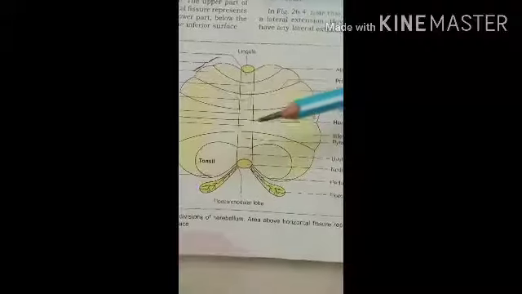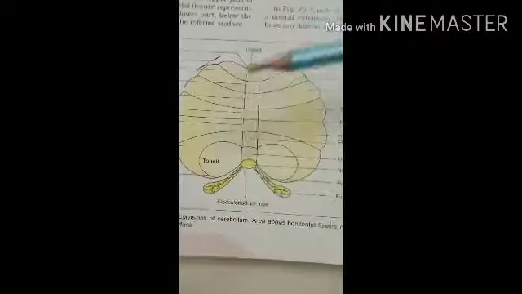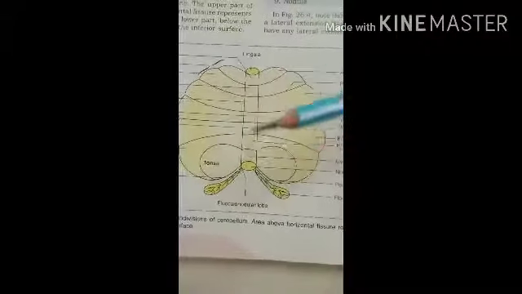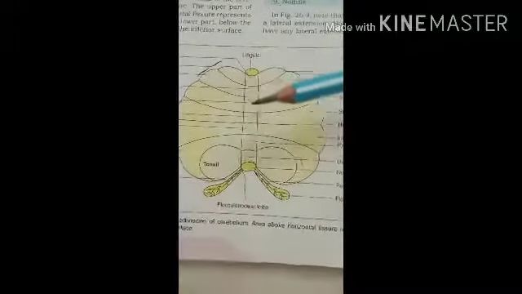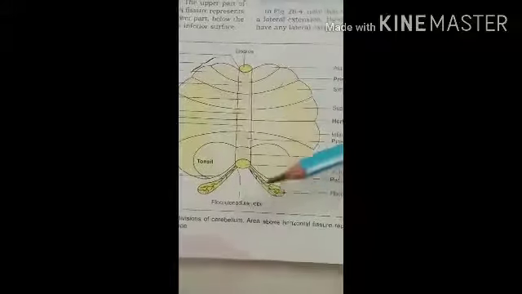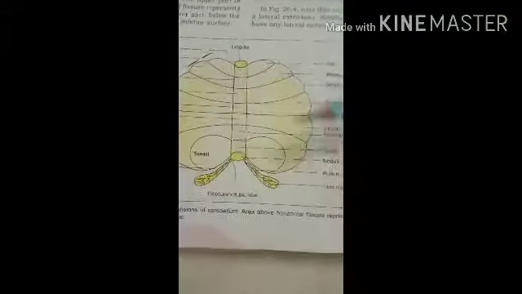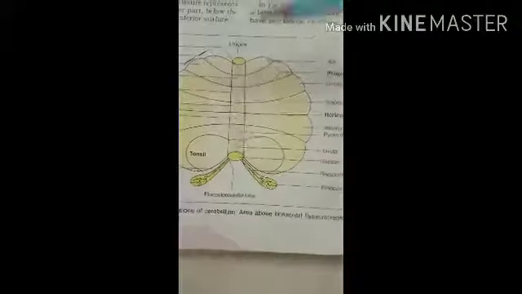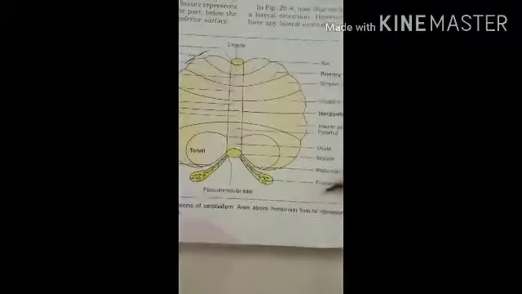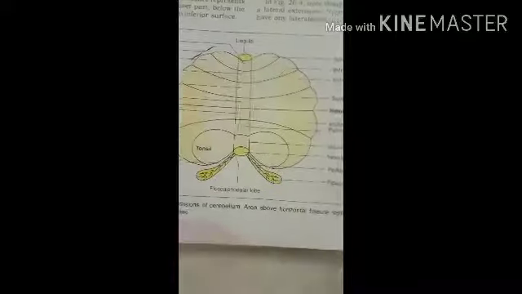It is chiefly vestibular in connections and concerned with the maintenance of equilibrium, tone and posture of the trunk muscles. That is the important function done by the archicerebellum, which consists of the lingula and the flocculonodular lobe or the flocculus.